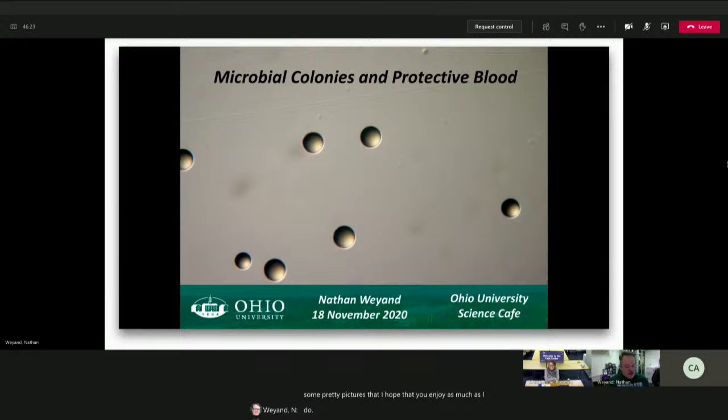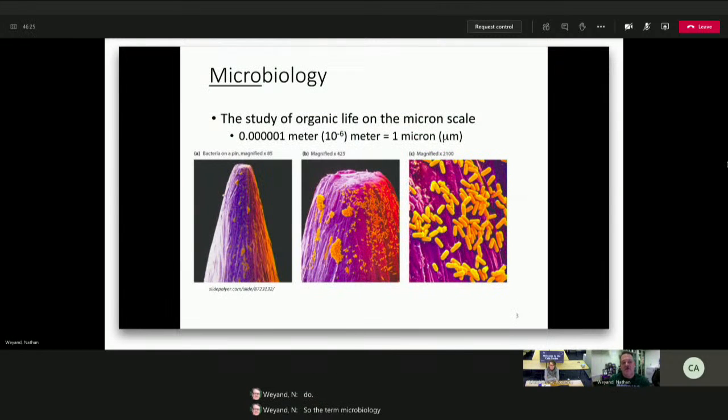So the term microbiology has this micro in it that's underlined, okay? And so we're dealing with biology at a small scale, a micron scale, and this is 1/1,000,000th of a meter, okay? What I'm showing you is a scanning electron micrograph of the point of a pin at different magnifications.